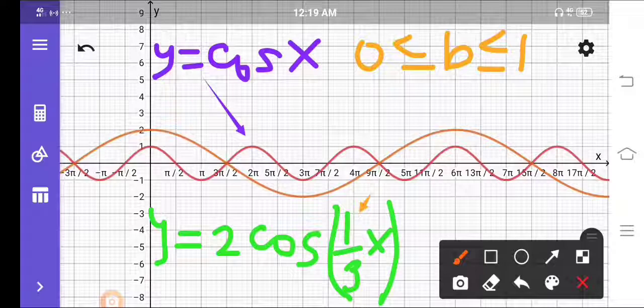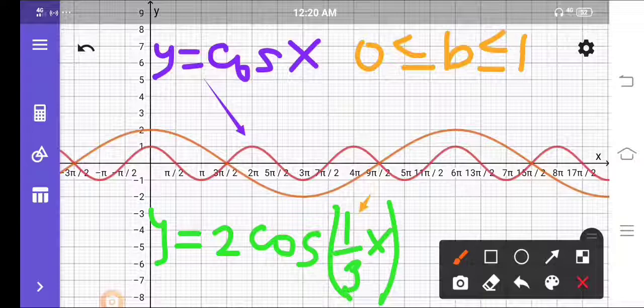Again, if b is between 0 and 1, the cosine graph tends to stretch horizontally. And if our b is greater than 1, the graph tends to shrink horizontally.